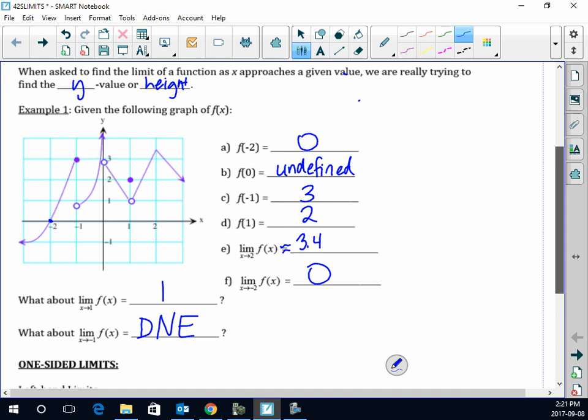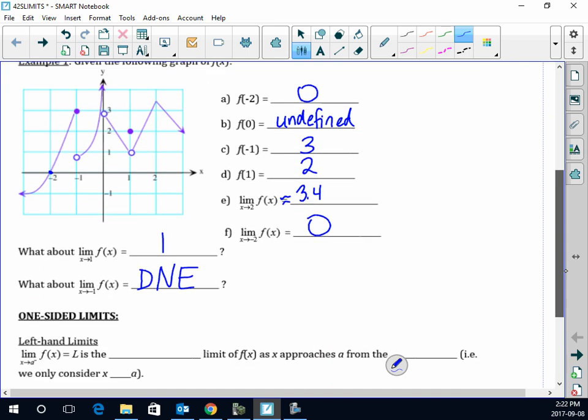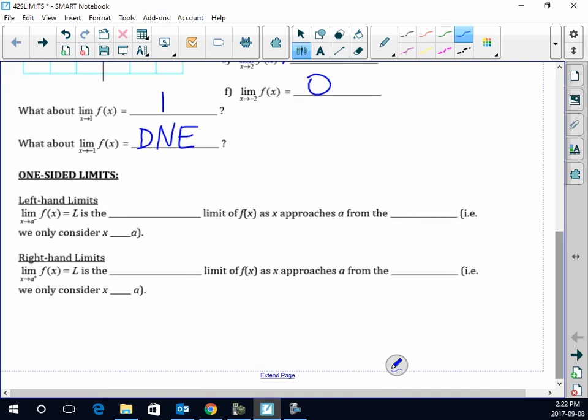Okay, so moving on. We have what's called left side and right side limits. A left-sided limit means it's coming from the left. You'll see that x approaches a and then it has a little superscript with a negative there. That means it's coming from the left-hand side.